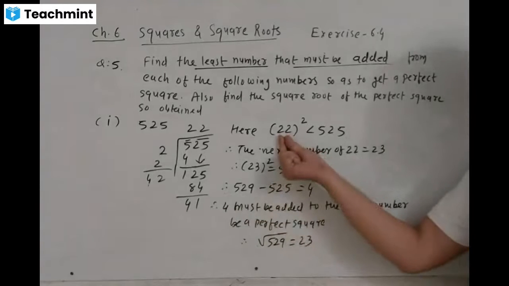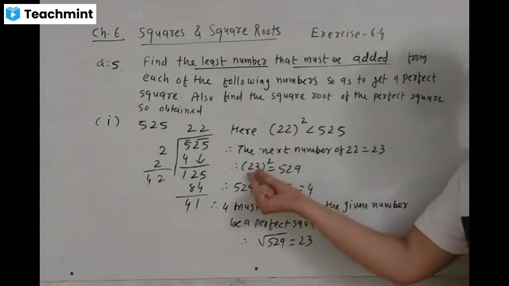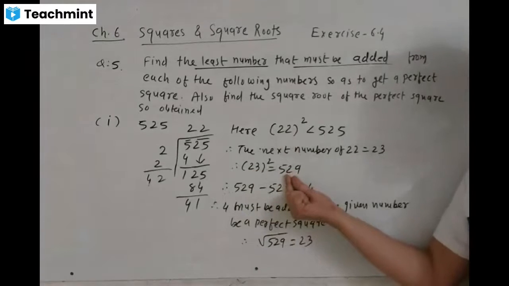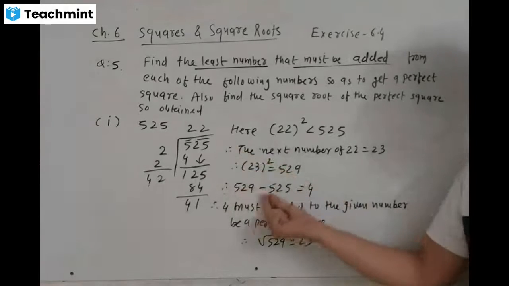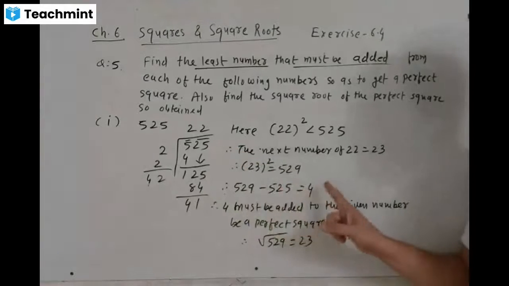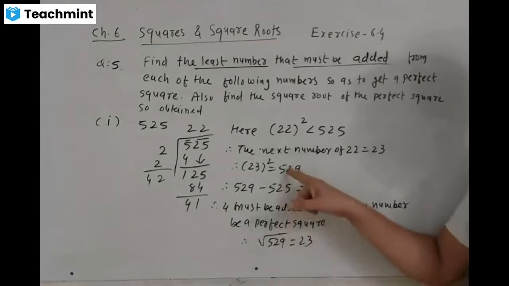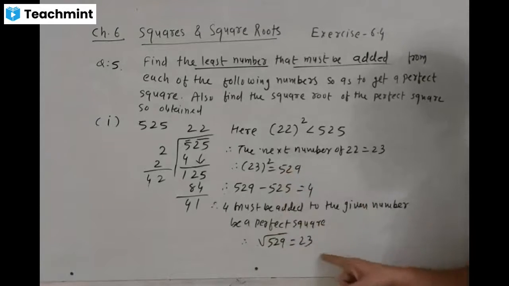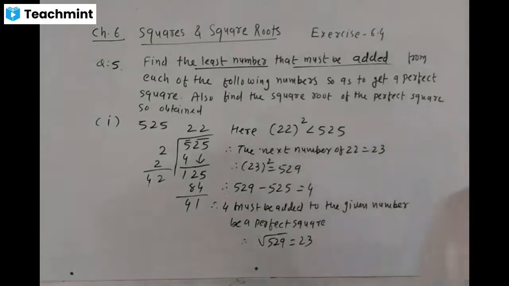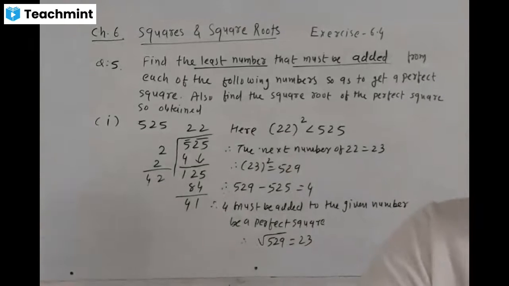First identify the number, then add a number, find the square of it, then subtract the given number from that square. The answer is what must be added. Therefore 4 must be added to the given number to be a perfect square, and the square root of this number 529 is equal to 23.